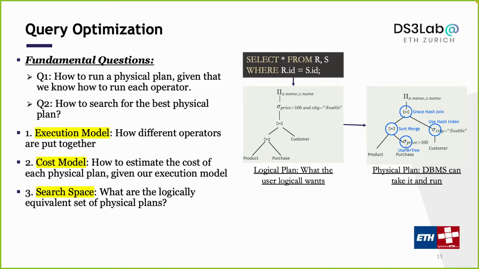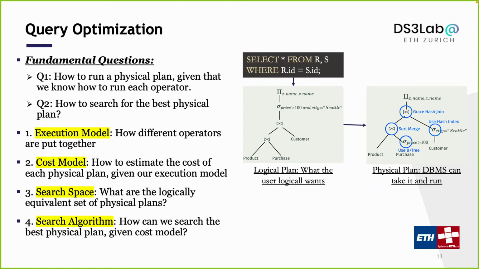What does the search space look like? And the fourth question is, given the search space and given the cost model, how can I search it? That search space could be pretty big, so how can I effectively or efficiently, or both, search within it to try to find the optimal plan? These are the four things that we are going to talk about today.